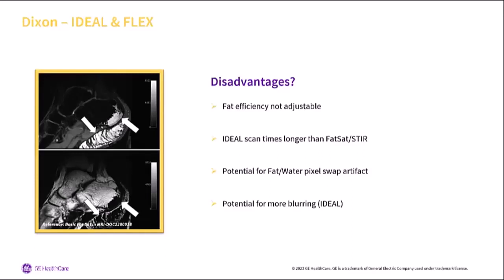And that can happen in the whole series, or that can happen in part of the image. So for example, when scanning thighs, one side can be in fat suppression and the other side can be in water suppression. It is very tricky and very challenging to reduce that.